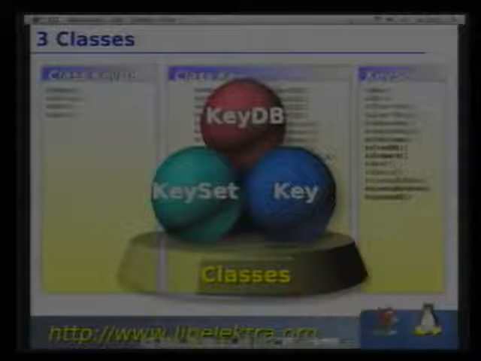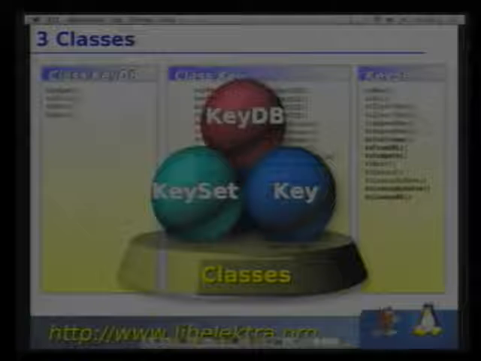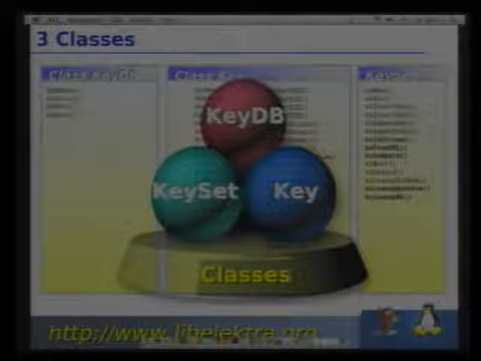I will lose some words about the application programming interface. It basically consists of 3 classes. One of them, the key database, provides the access to where the configuration will be stored in the end.